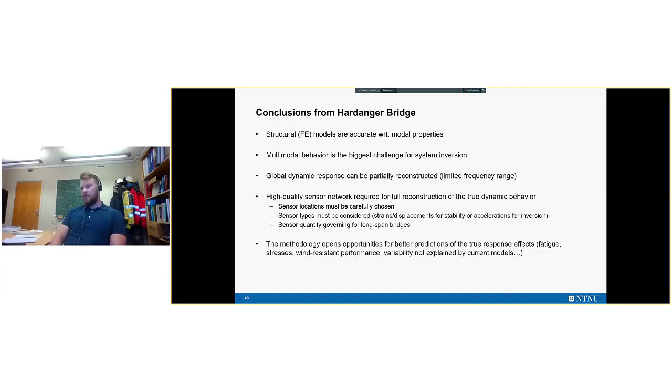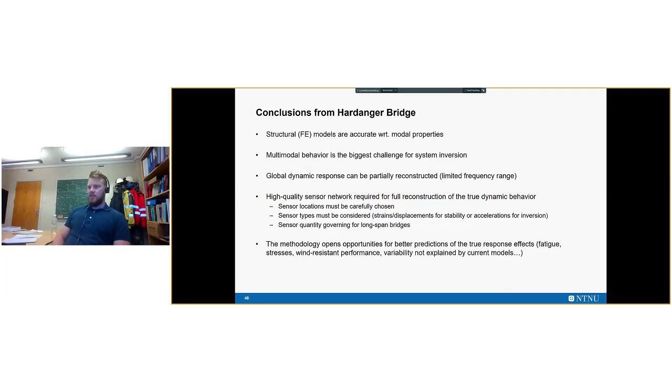So our conclusions from the Hardanger Bridge is that, contrary to the floating type of bridges, the accuracy of the finite element models is very good for the Hardanger Bridge in terms of the model properties.